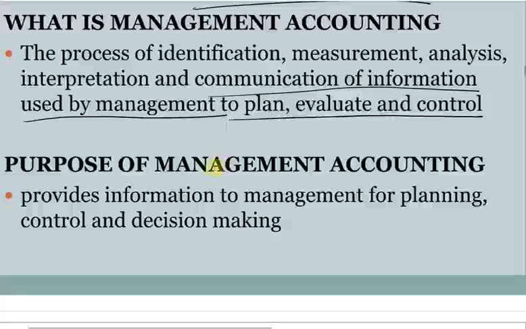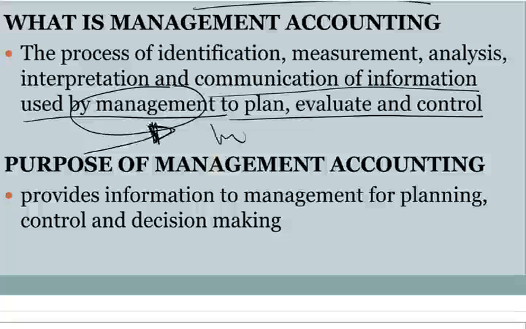So you are analyzing information, you are interpreting information that is used by management. Management are internal people, right? So basically, management accounting is all about focusing on internal parties rather than external parties, which is governed by the financial statements or financial accounting. So this is helping them to plan, evaluate, and control.